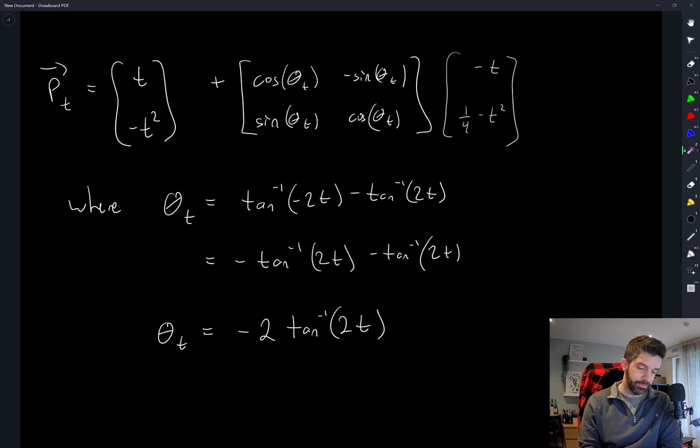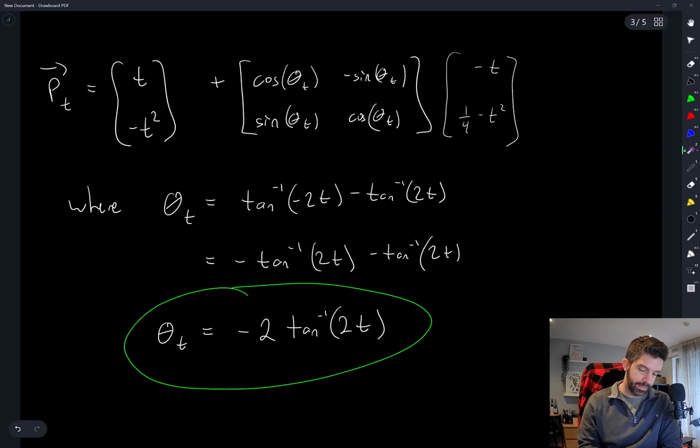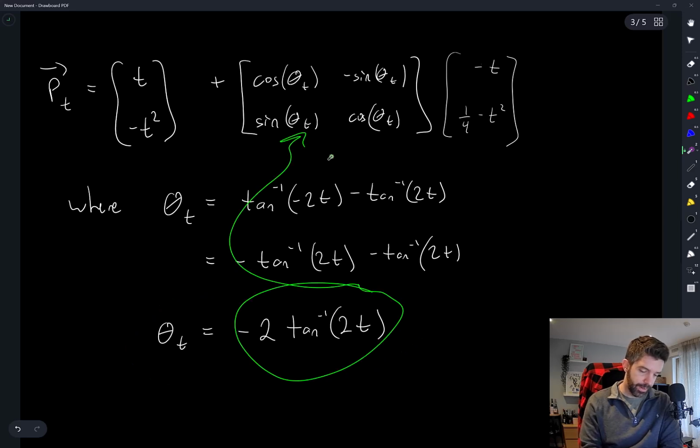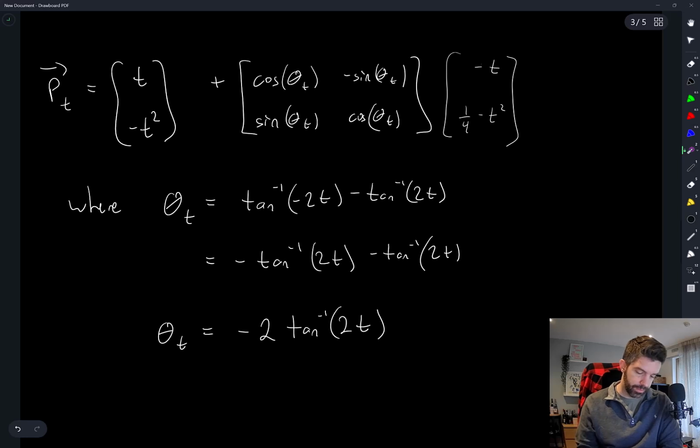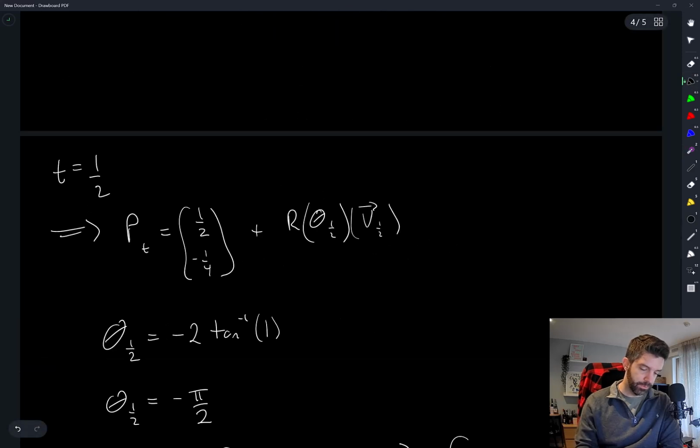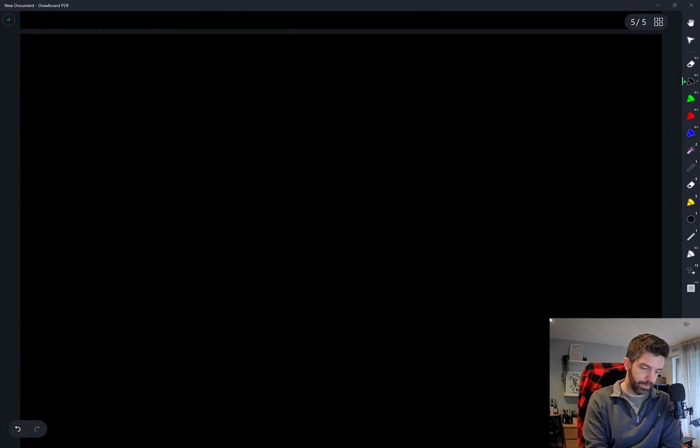I'm sure this can be simplified a whole bunch by using some trig identities, right? You know, if we take this and substitute it in there, you might have some double angle formulas for things. There might be a double angle formula for arctan, I don't know. Let me write out in full what I have here. Let theta t be equal to negative 2 arctan of 2t.